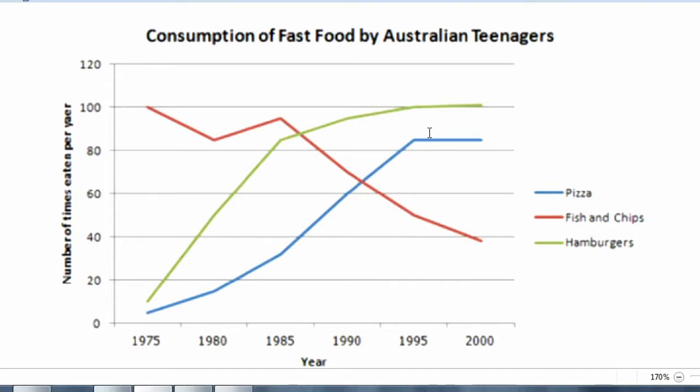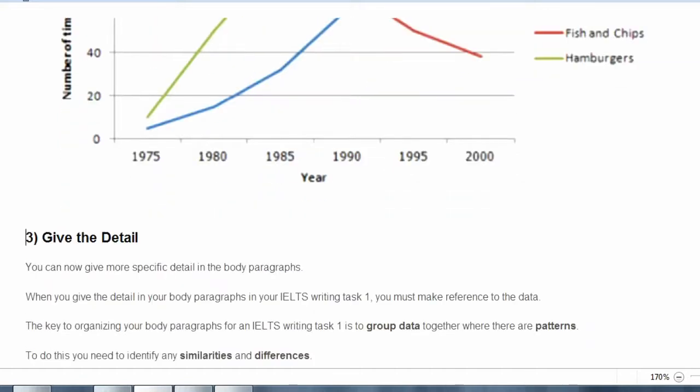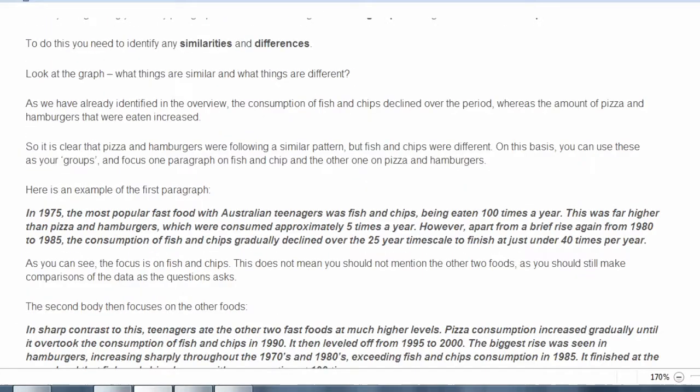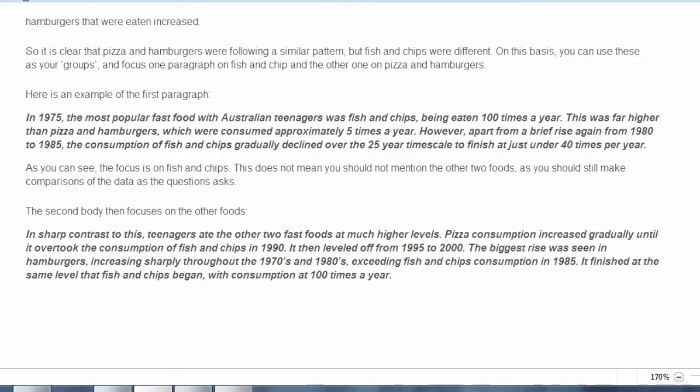So just to have a quick recap, we can say that there are 3 types of information required when you're writing your task 1. Number 1 is the introduction, which is very important, and you're going to write it with the help of paraphrasing.